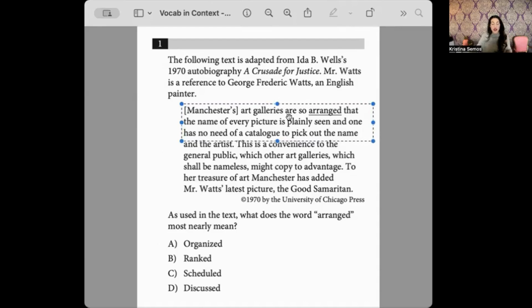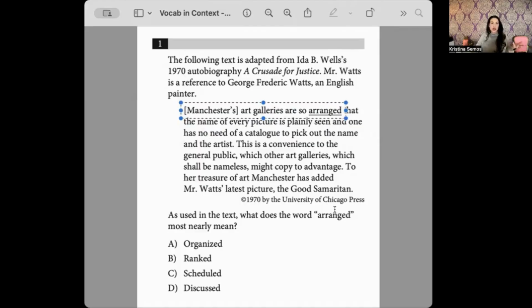Manchester's art galleries are so blank that the name of every picture is plainly seen, and one has no need of a catalog to pick out the name of the artist. Step 3, pick a smaller snippet of the sentence that includes the blank and start plugging in your 4 answer choices in succession. So I might do this part.